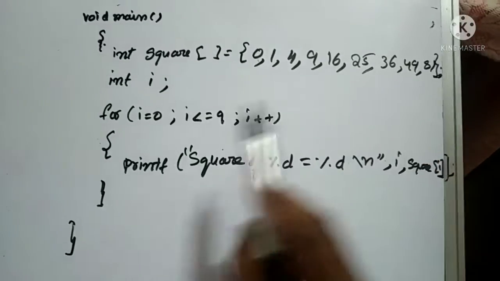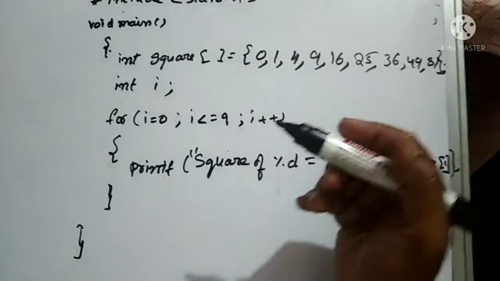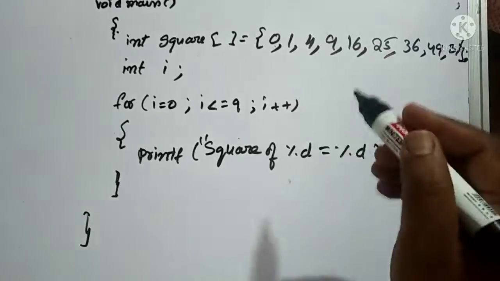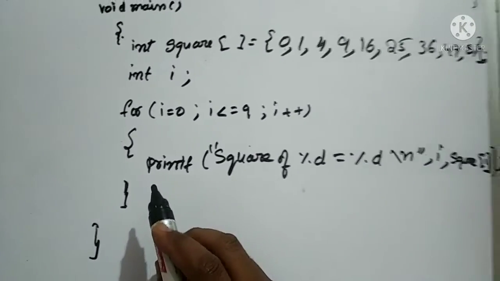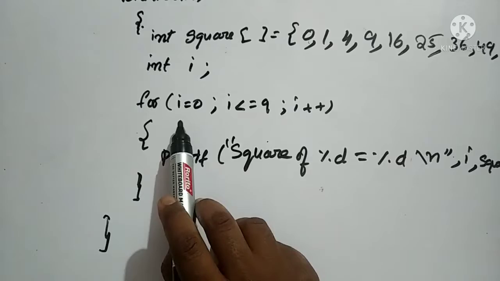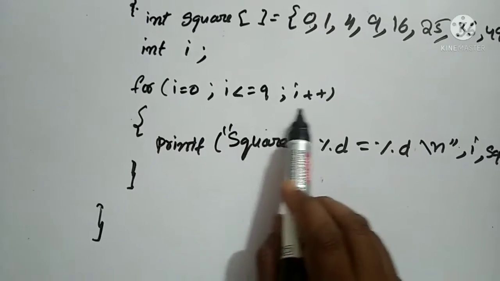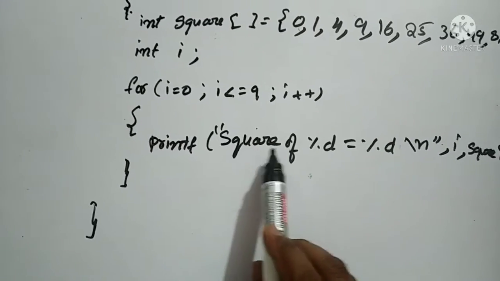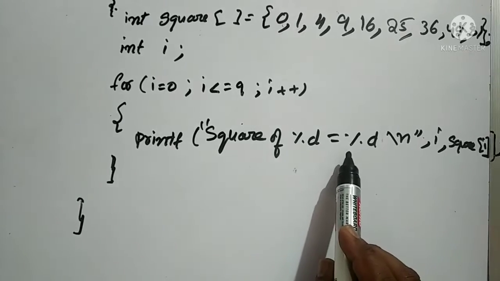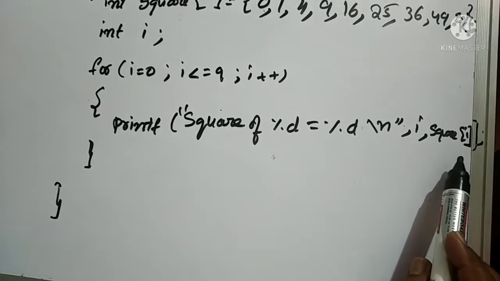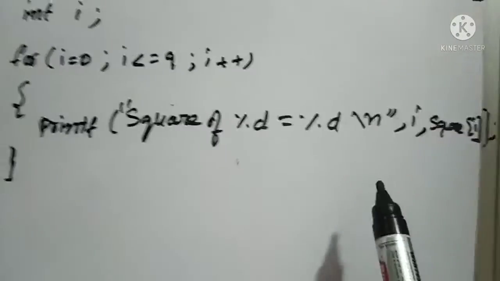I have listed these values in a table, and we are just taking the data from the table and displaying it. We have used one for loop, i equal to 0, i less than or equal to 9, i plus plus. Then printf of "square of %d is %d\n", i, square[i].